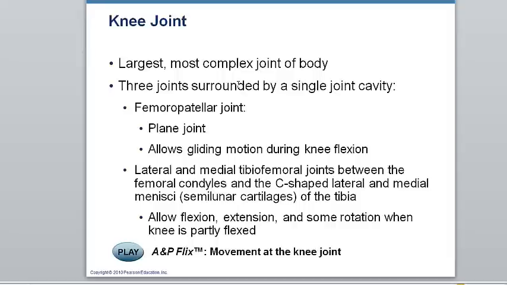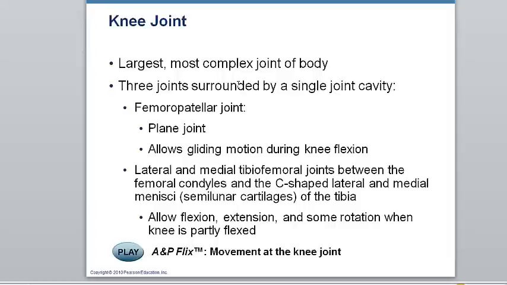The C-shaped lateral and medial menisci. These are semilunar cartilages that are found between the femur and tibia. Remember, your knee joint is made of your femur, your tibia, and your patella. You have your femoropatellar joint. The patella sits right on top of the patellar surface of your femur, and it helps to glide when you are flexing your knee.